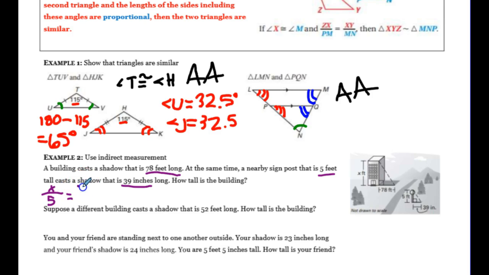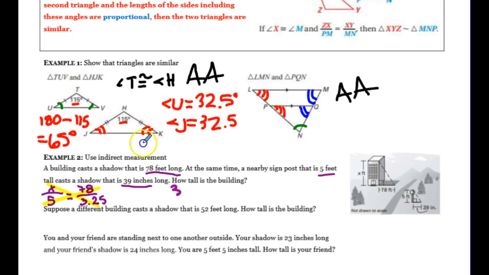And then 78 feet is the shadow cast by the building. And if I convert my inches to feet, I get that the shadow from the post is 3.25 feet. Okay, and now we're back to just doing our cross multiplication. So X times 3.25 equals 5 times 78.